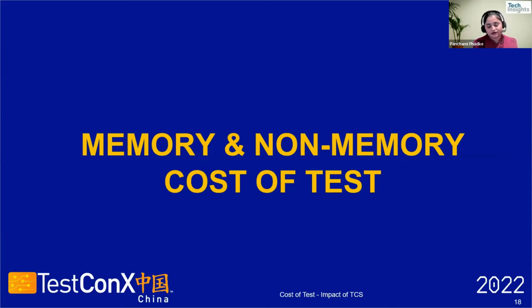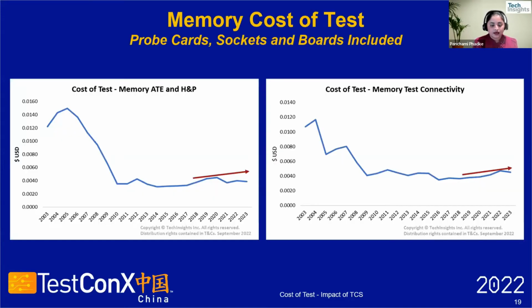Here, I'm breaking down the cost of test into memory and non-memory markets for better understanding. Looking at the historical data, the memory trend of cost of test of the ATE and handler prober market was at its highest in 2005.